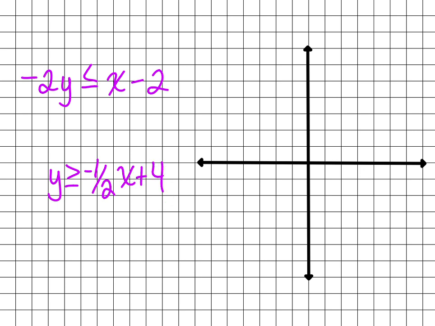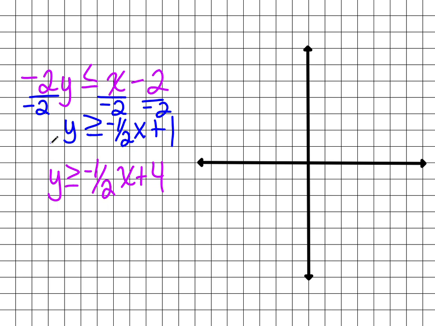Now the second one is solved for y, but the first one is not. So I need to divide every term here by negative 2. But what happens when you multiply or divide by a negative in a linear inequality is that the inequality is going to flip. So now I have y is greater than or equal to negative 1/2 x plus 1.